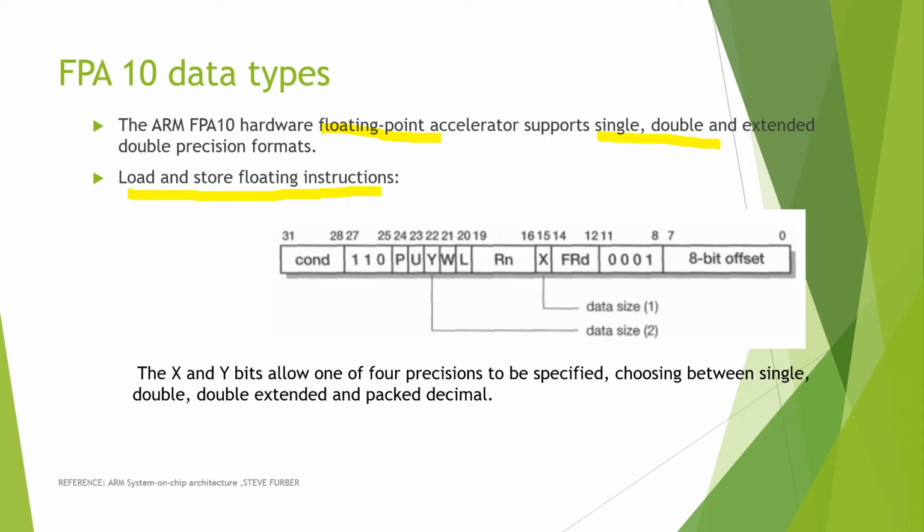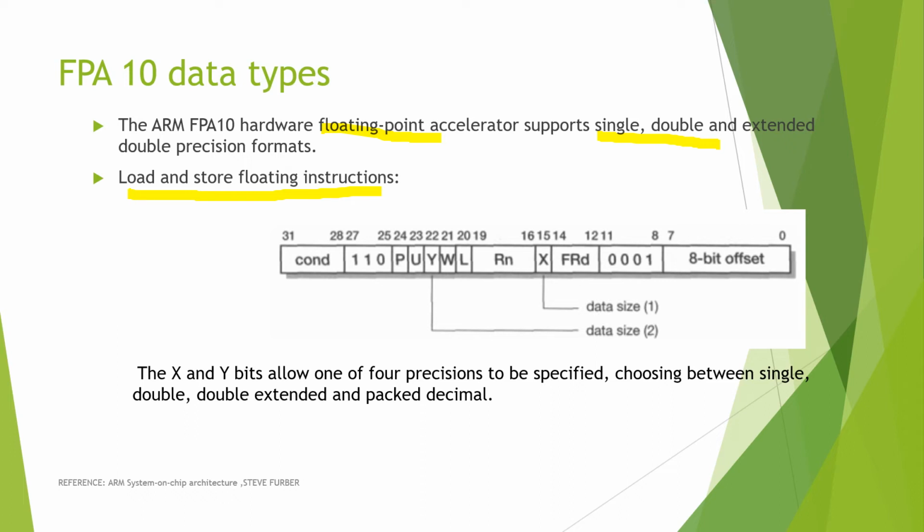So those are the things about X and Y, very important. Which type of precision we choose will be represented by X and Y. X will be the data size before the decimal point and Y will be the data size after the decimal point.